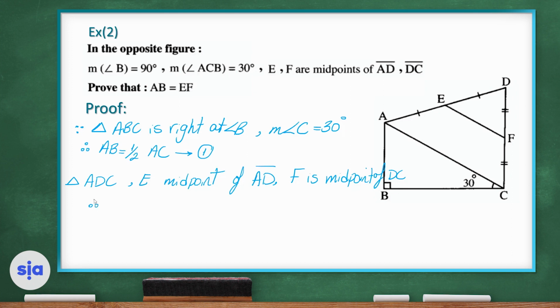Therefore, EF is half AC, and we call this number 2. From 1 and 2, we can easily tell that EF is equal to AB.